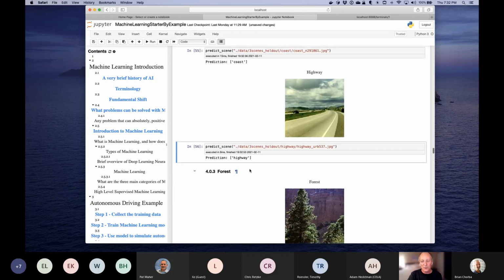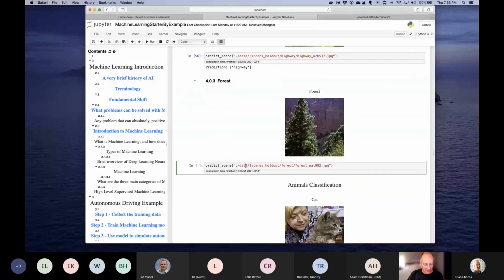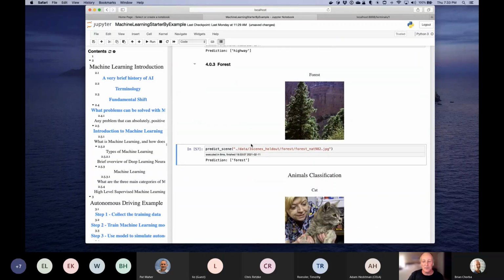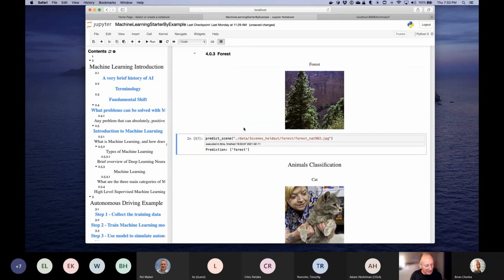And the highway one was also really good at figuring out that particular picture based on all the color distributions for all the other highways. It was most like a highway and not a forest, for example. And if I do it for the forest, it was actually able to figure this one out too. This one surprised me. I thought this would be a tougher one, but it actually worked out for this particular image. So on the scenes, it did pretty well.